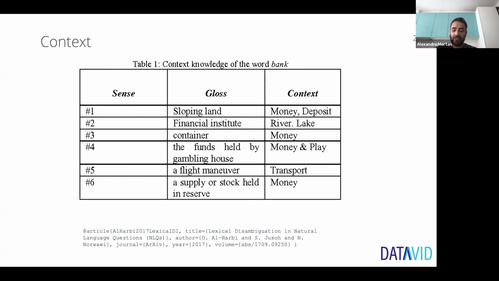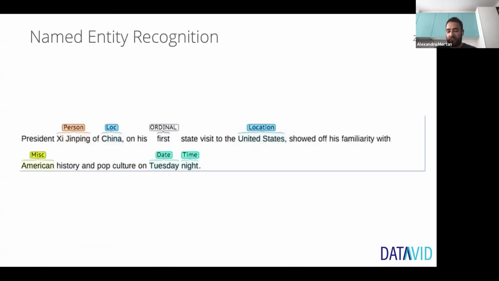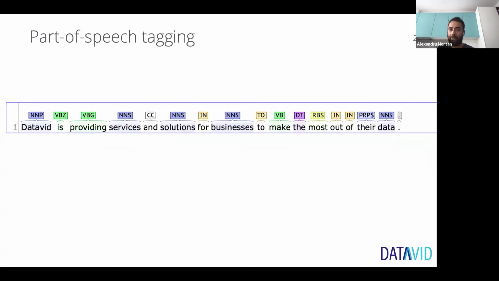For this, you can actually make use of generic NLP. So we went over the named entity recognition. So let's say we take a sentence. You can pass it to a generic model to get the named entities. You can get the part of speech tagging. There are state-of-the-art models for that as well. It's going to tell you that Datavid is a proper noun. Those are a verb.